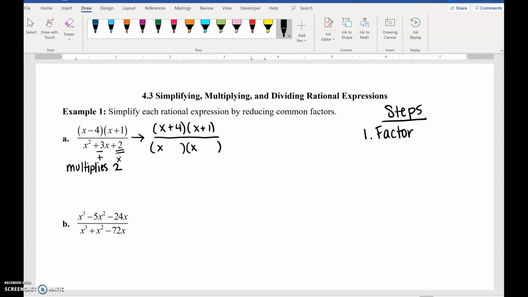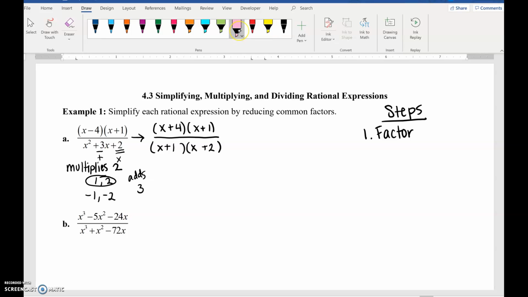And so for that, I have 1 and 2. And I want a positive. So I either have a positive 1 and a positive 2, or a negative 1 and a negative 2. And then I want something that adds to 3. And that would be the 1 and 2, and they're both positive, so plus 1, plus 2.